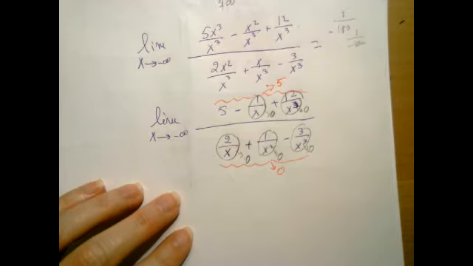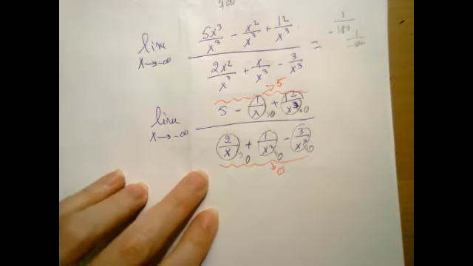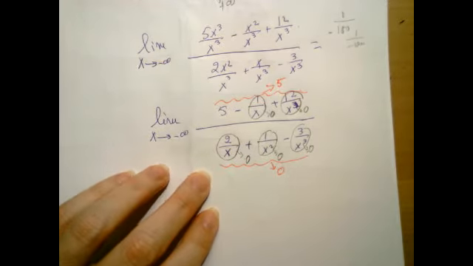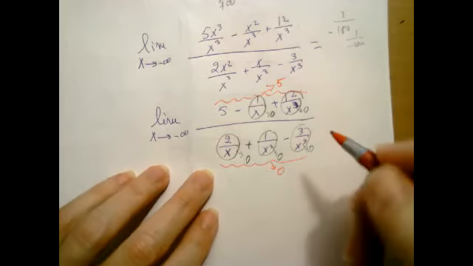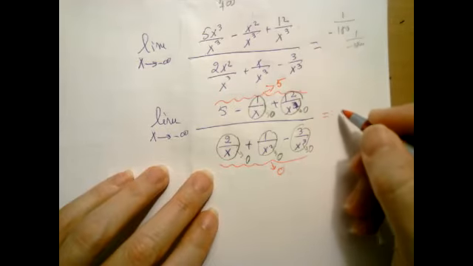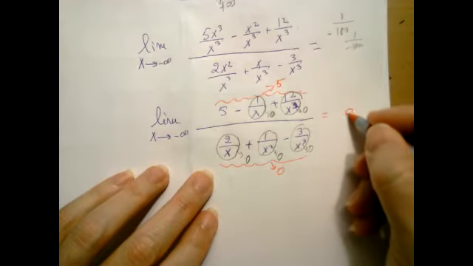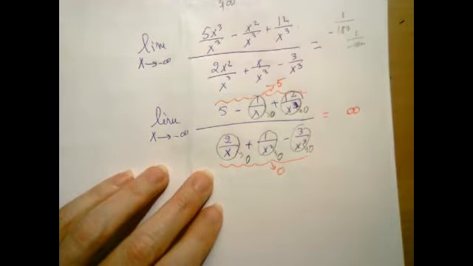The limit doesn't exist when x goes to minus infinity. Why doesn't it exist? It's going to go to 5 over something small. This is basically going to go to infinity.